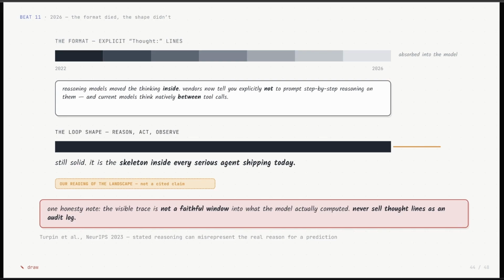Now, one honest note to carry with this: the visible trace is not a faithful window into what the model actually computed. Stated reasoning can misrepresent the real reason for an answer. What does that mean? The auditing can create problems.